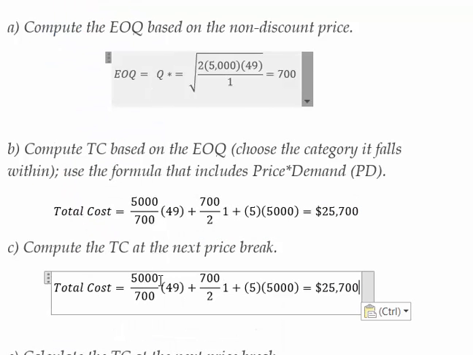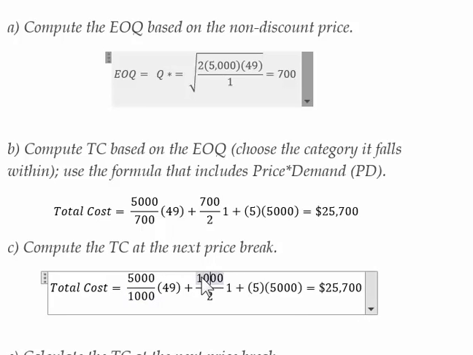The demand's going to be the same, but now we're not going to order 700, we're going to order 1,000, because we have to order 1,000 in order to get this next price break. But now our inventory holding cost is going to change.